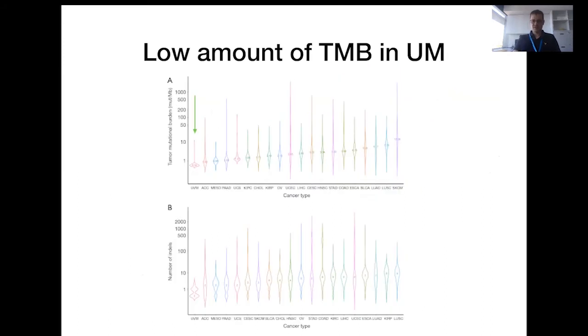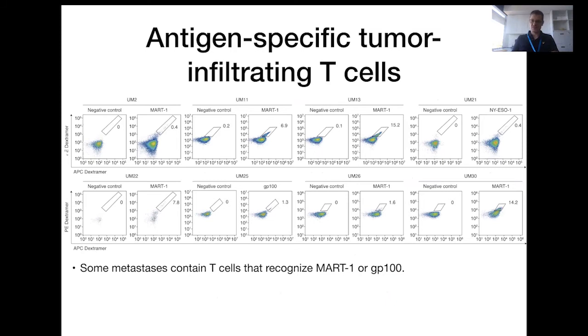And this raises the question, what do these T cells recognize, since it's known that the tumor mutational burden in uveal melanoma is among the lowest of all cancers. So we checked to see whether or not these T cells instead could recognize common melanoma antigens, and it turns out that many of them actually could, although it's not the majority of the TILs in the culture that recognize these particular ones, MART-1 or GP100.